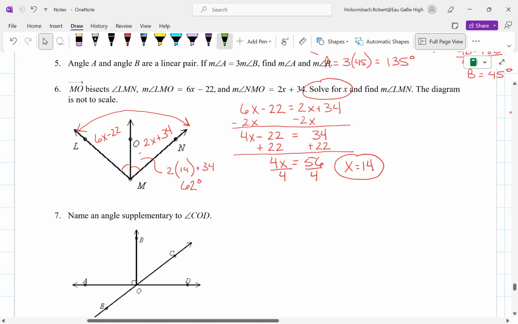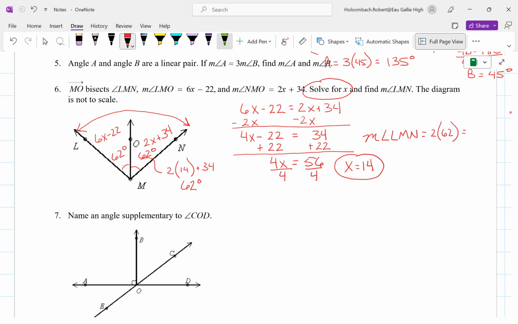So this angle on the right is 62 degrees. The angle on the left is 62 degrees. So the measure of angle LMN is equal to 2 times 62 degrees, which is 124.